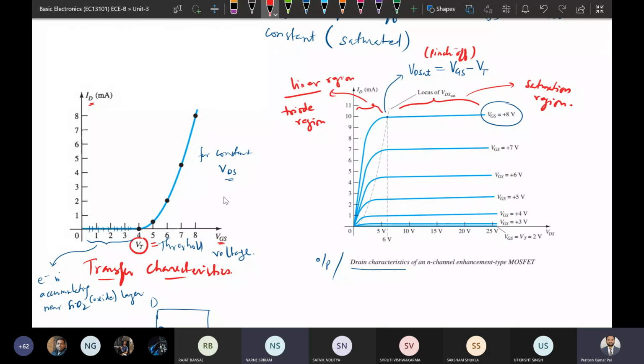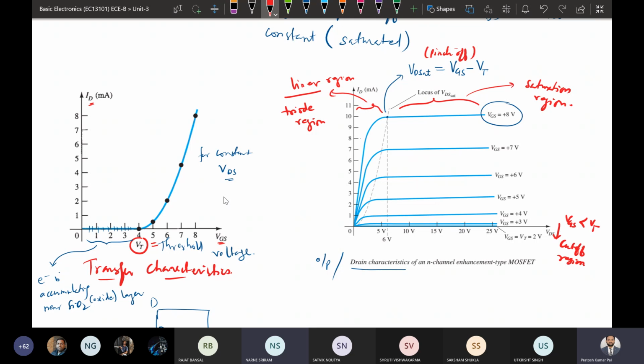So cutoff is when VGS is less than VT. In cutoff region, there will be zero current flowing through this drain terminal.